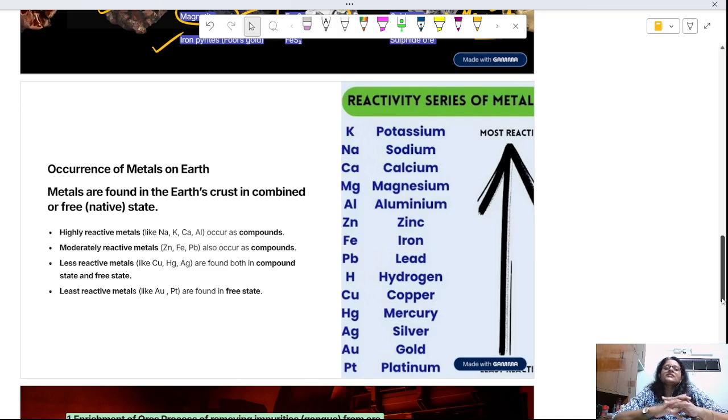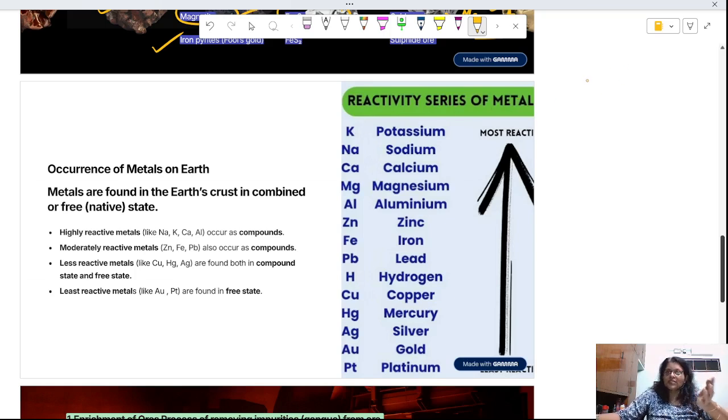So which metal we are dealing with decides which type of extraction is used. For that, we need to know the reactivity of each metal. Okay, so we will be studying the reactivity of metals.